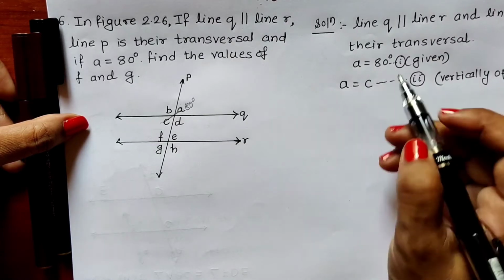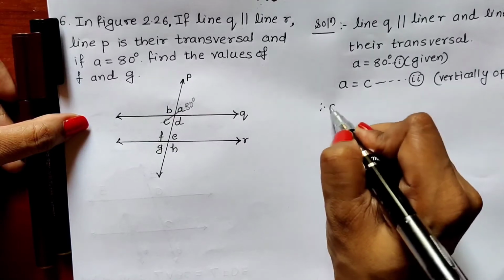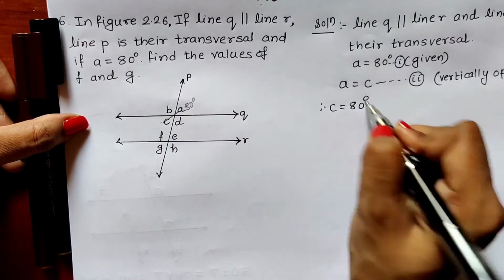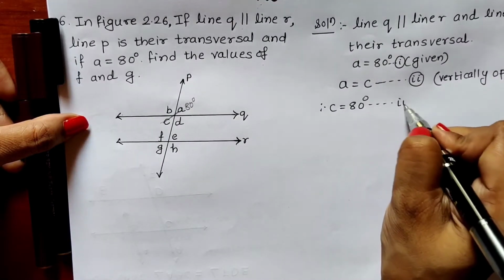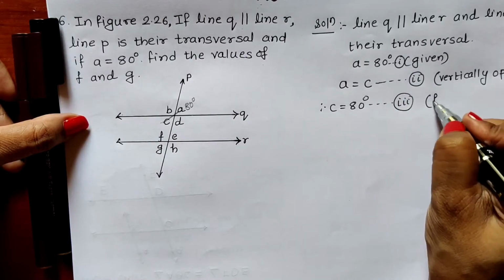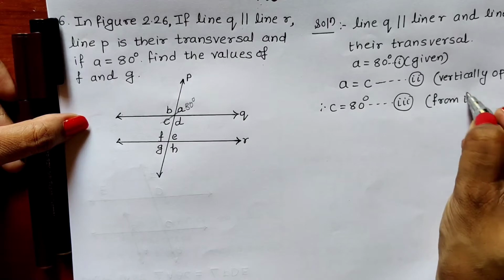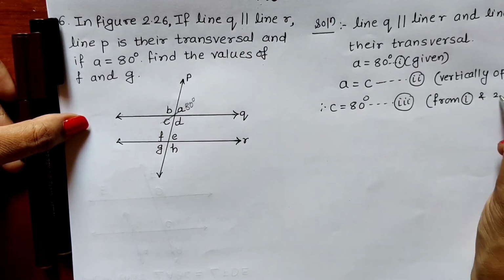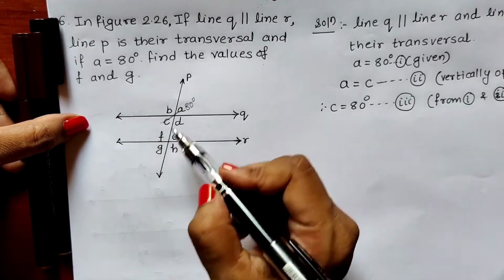So as A is 80, C will also be 80. Therefore C is equal to 80. This will be our third equation. This we have written from 1 and 2. The reason is from 1 and 2. Now C is 80.